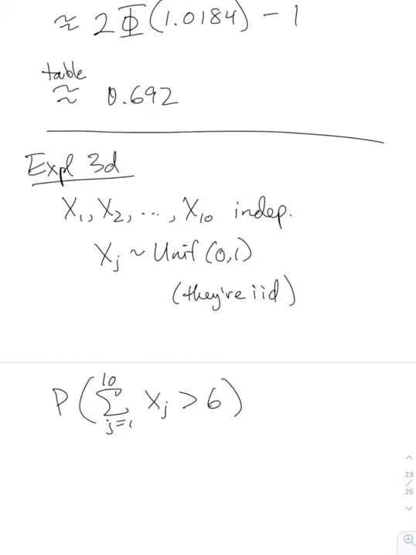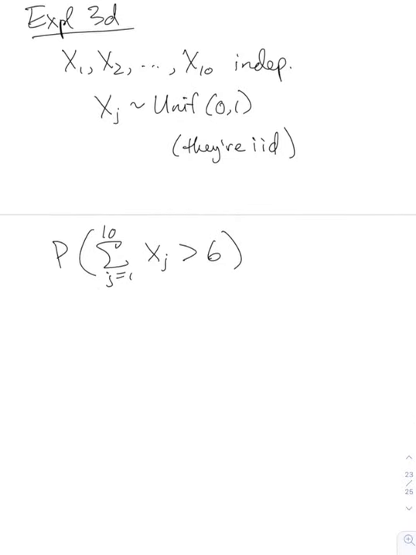All right, so this is very much like our previous problem, right? If I call this S, or call it S10, in our notation, then I'm applying the central limit theorem with n equals 10 again.